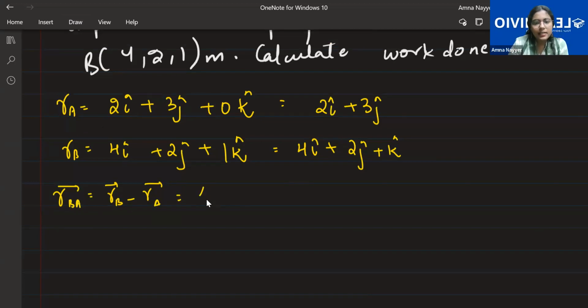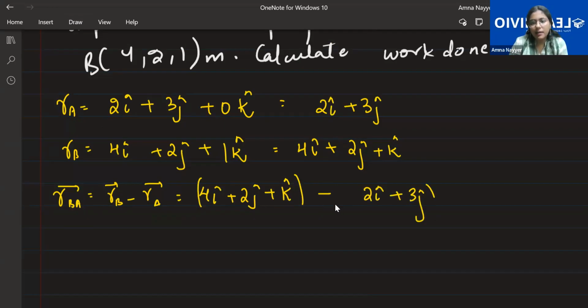So RB is 4I cap plus 2J cap plus K cap minus RA is 2I cap plus 3J cap. So when you subtract them, 4I cap minus 2I cap is 2I cap, 2J cap minus 3J cap is minus J cap, and K cap minus 0 is plus K cap. So this is the displacement, RBA.